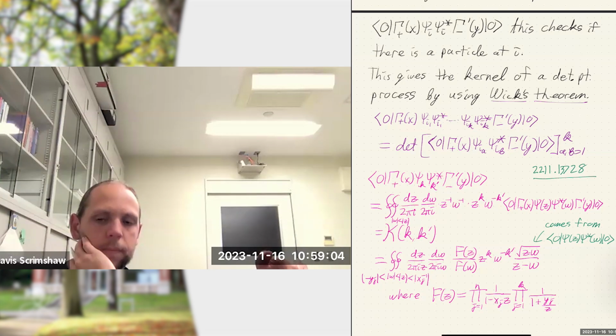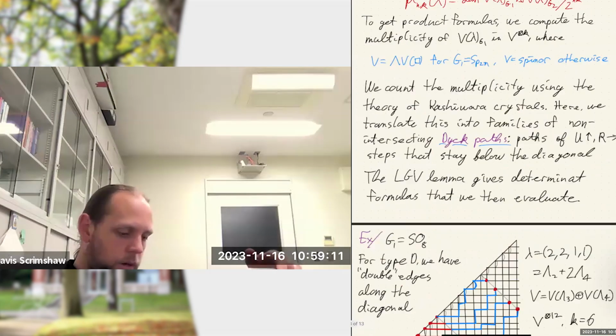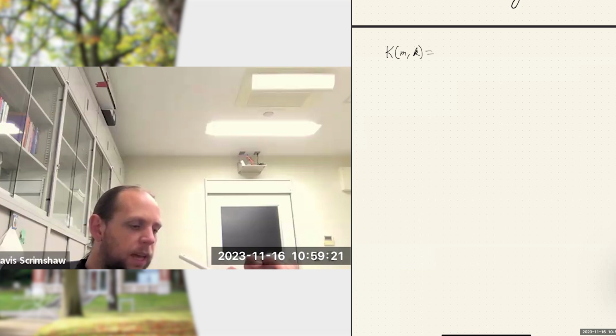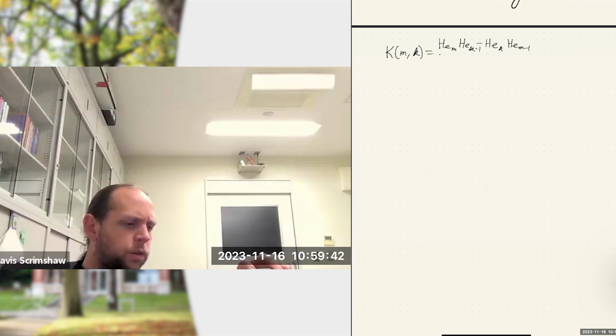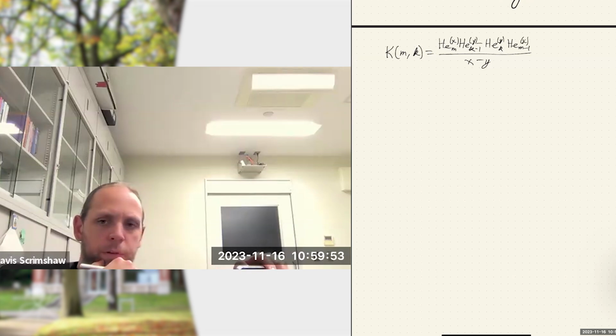I have one question. What is the definition of the discrete Hermite kernel? So what that is, your kernel of, let's say, M and K is Hermite M, Hermite K minus 1, minus Hermite K, Hermite M minus 1, over X minus Y. This is X, Y, Y, X, if I remember correctly.